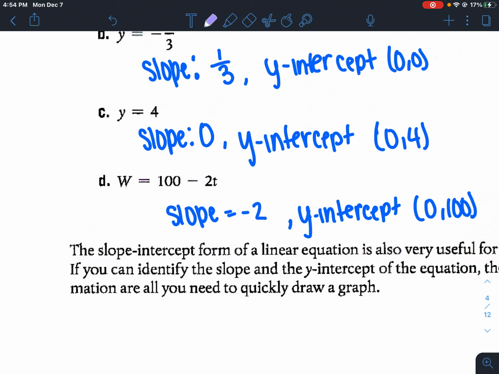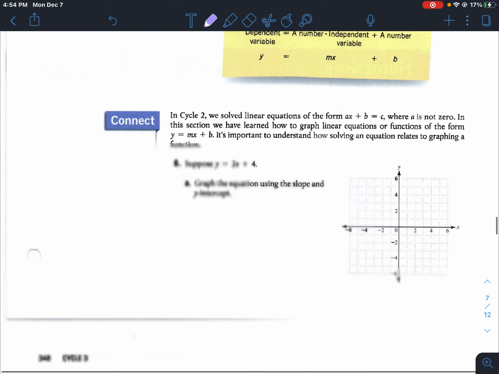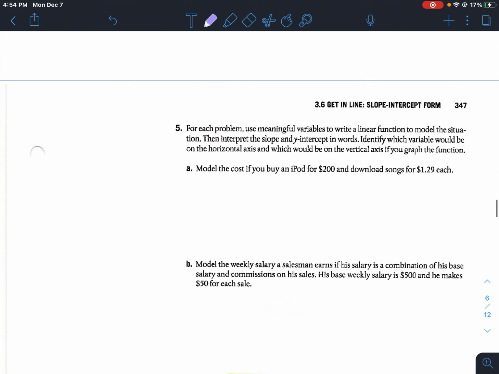And then I think we have one more left to do, number 5. Let's scroll, that's number 6. Here we go. For each problem, use meaningful variables. So just assign a variable that kind of makes sense to you, is what they're asking, to write a linear function to model the situation.